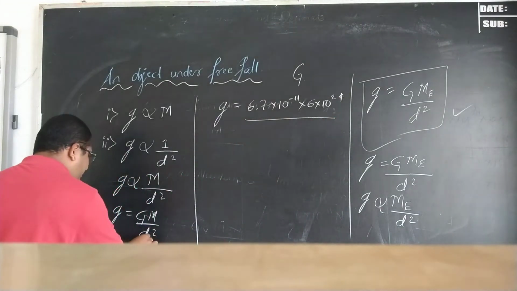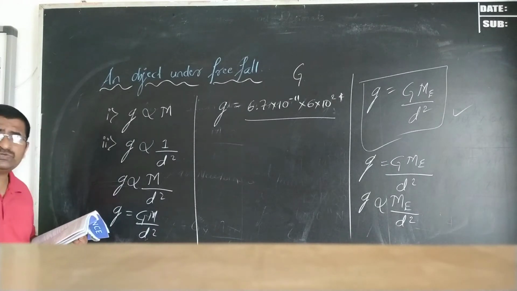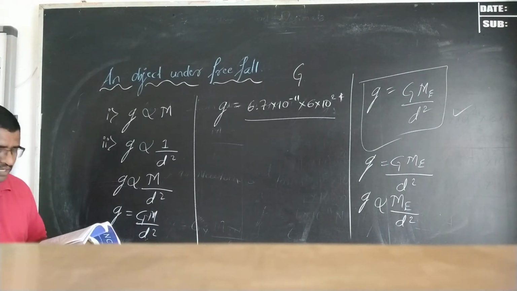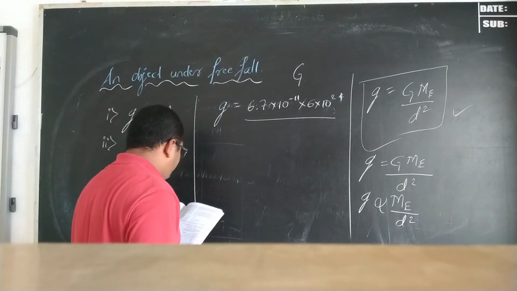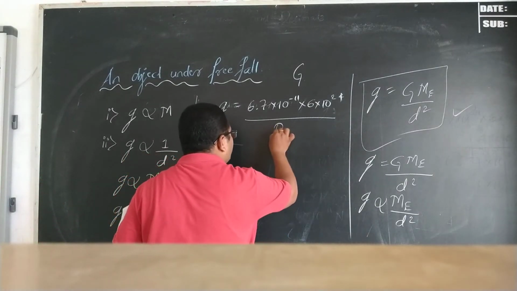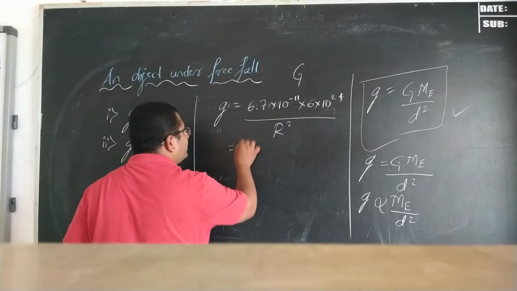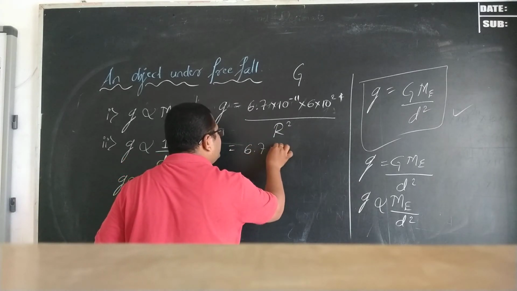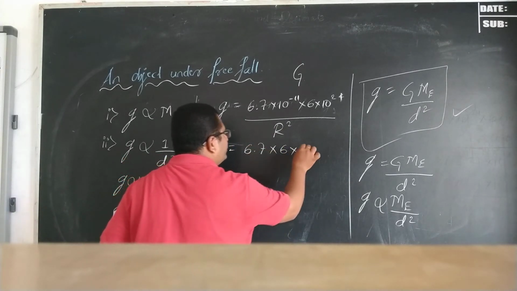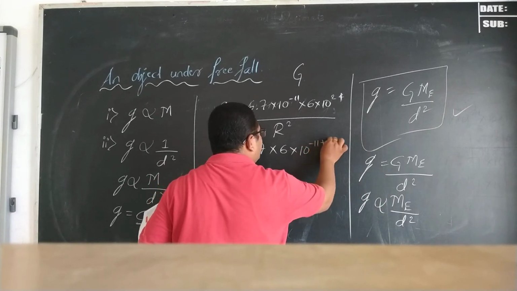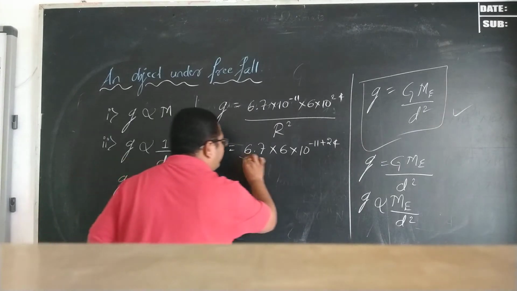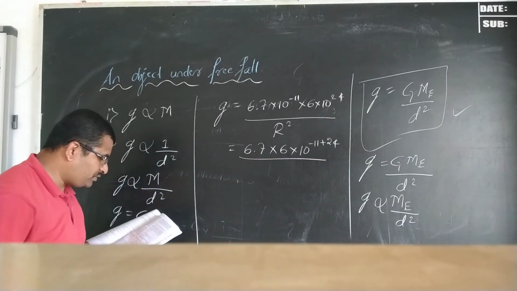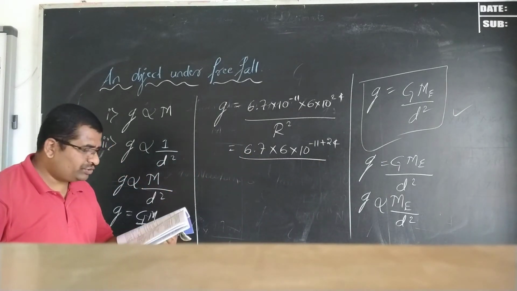The distance d here is the radius of the earth, so it becomes r². So g = 6.7 × 6 × 10^(−11+24), by the law of exponents, divided by r².